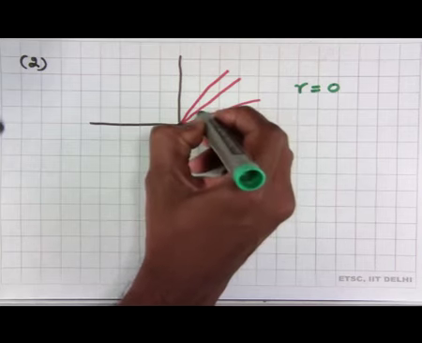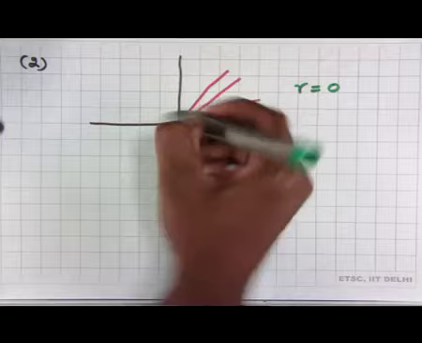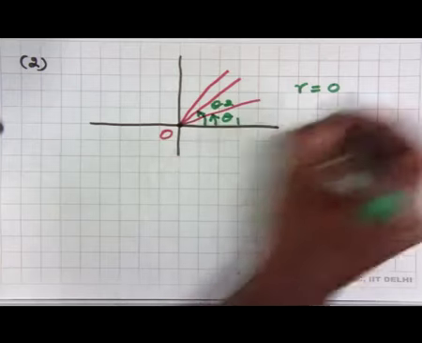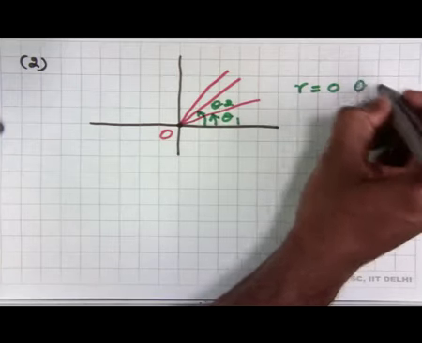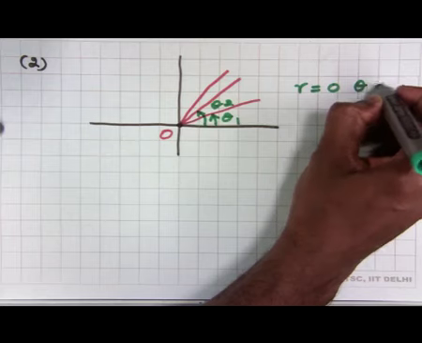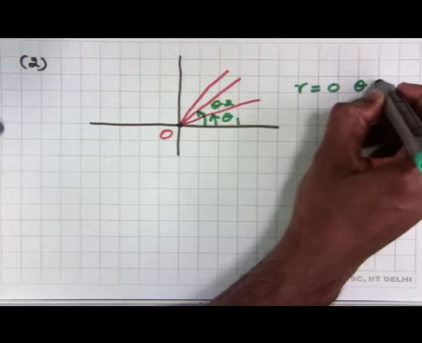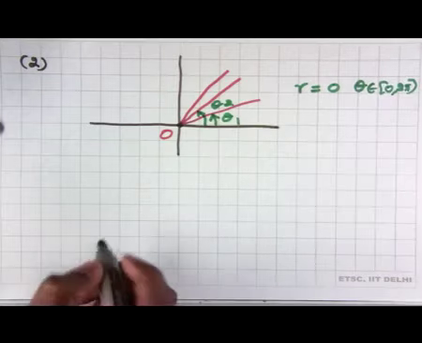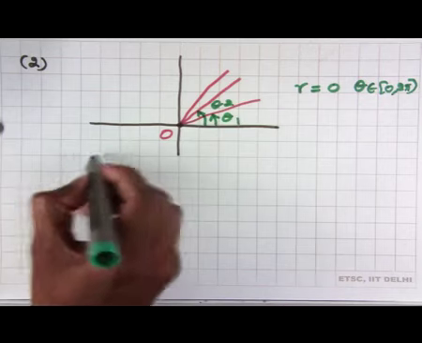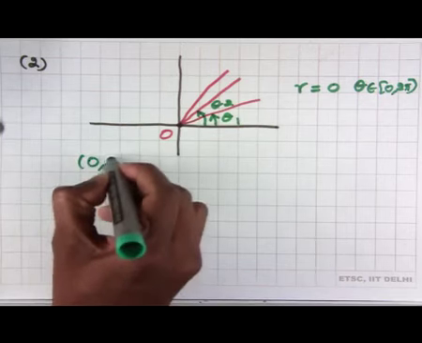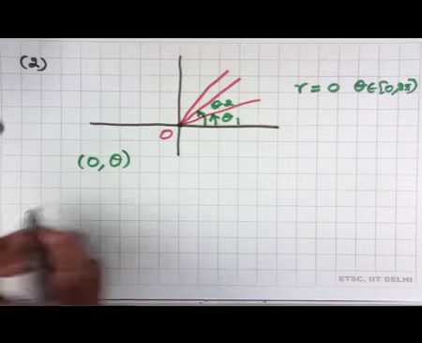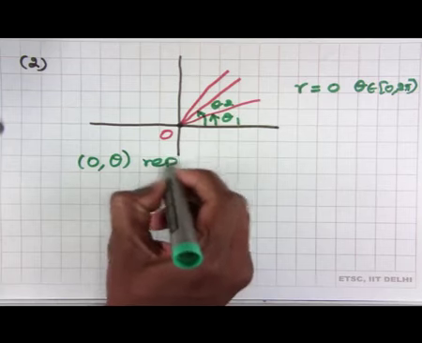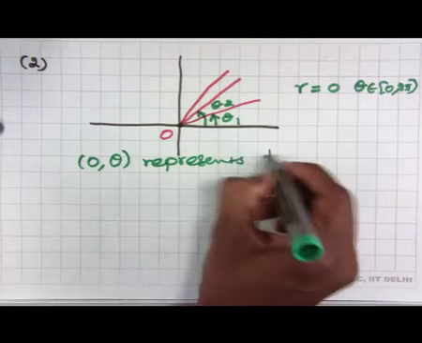Since all lines from 0 contain 0, theta can be arbitrary here. Theta can be any value. It means that if I take r equal to 0 and theta can be any value, it represents the origin.